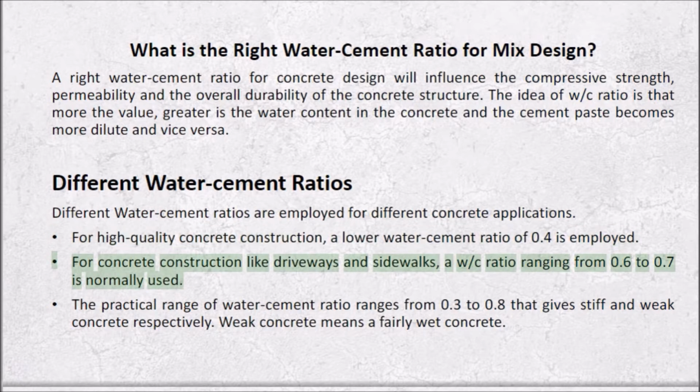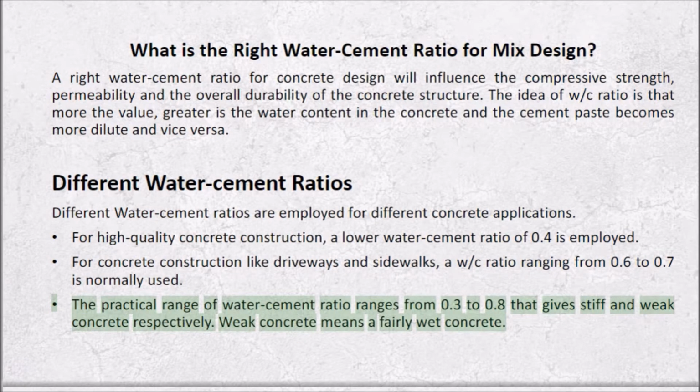For concrete construction like driveways and sidewalks, a WC ratio ranging from 0.6 to 0.7 is normally used. The practical range of water-cement ratio is from 0.3 to 0.8, which gives stiff and weak concrete respectively. Weak concrete means a fairly wet concrete.